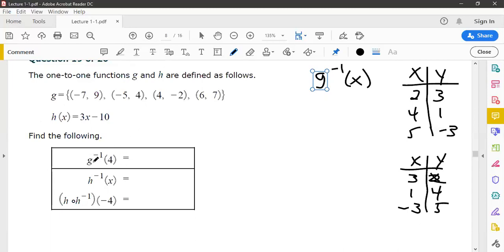So when we're finding the inverse, this is no longer x, but it's y. So when I look at the g function, I'm going to look at where the y value is 4. And the y value is 4 at this particular ordered pair. So the inverse would be the x value in this case, which is -5.